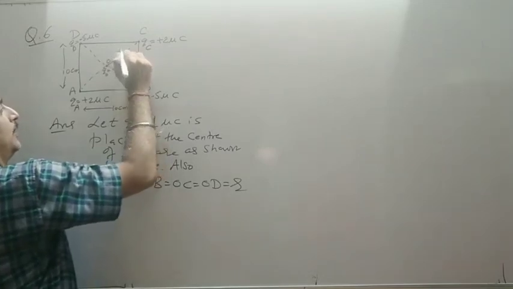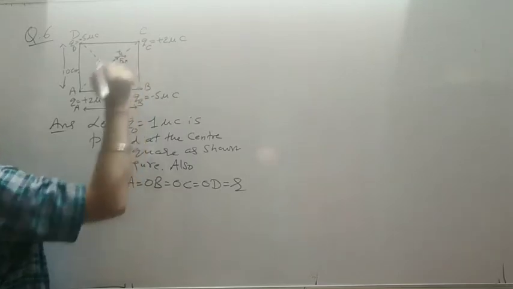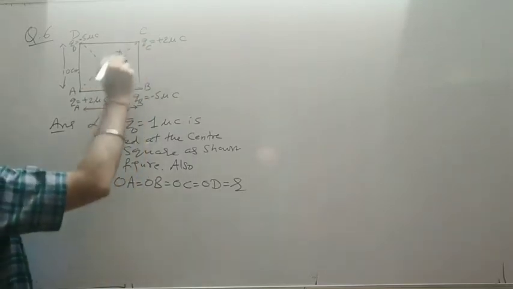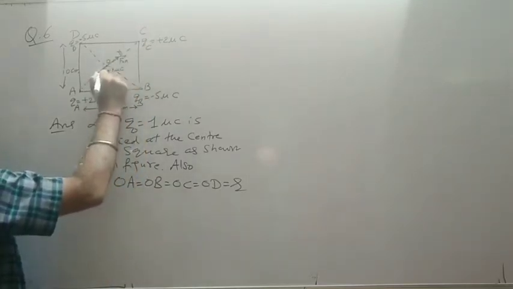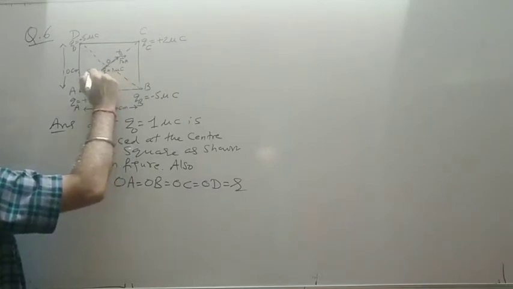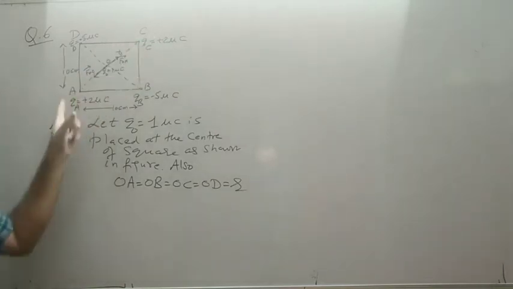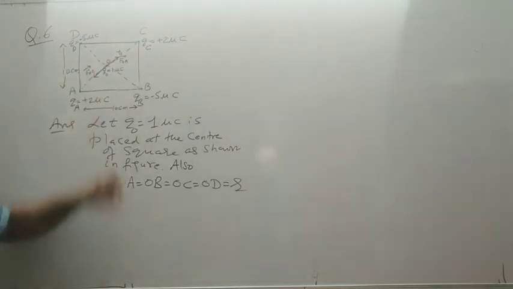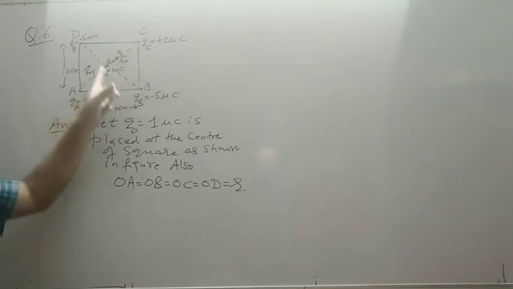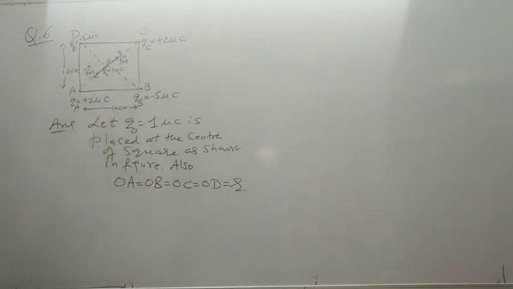I denote this as F naught A. Similarly, the force at the center due to the charge at C is denoted as F naught C. Now if you see, the magnitudes are the same, the distance is also the same, OC, OA is the same. So both forces will cancel each other.